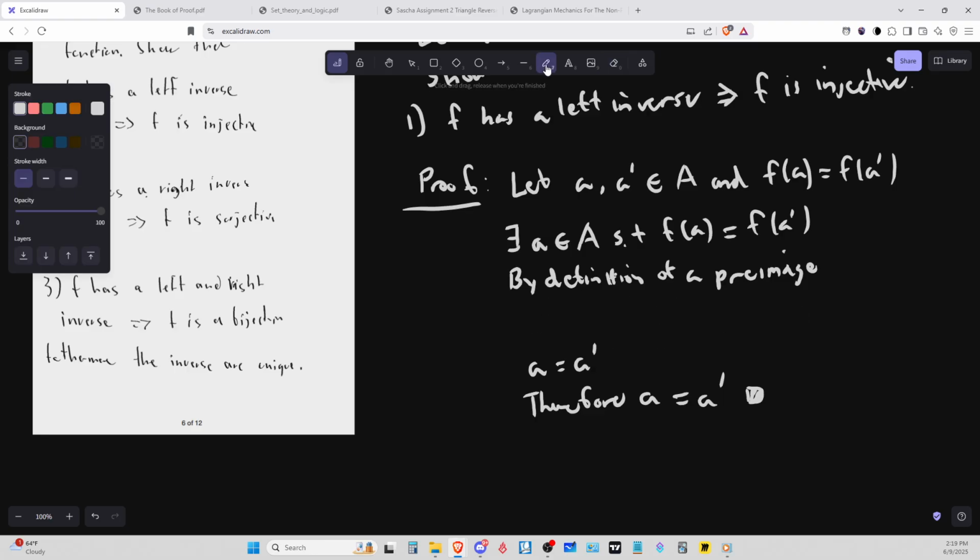So, f of A prime is equal to f of A. Yeah, I think that probably might look cleaner, because it actually works both ways. It's not very wordy. I actually like that suggestion.